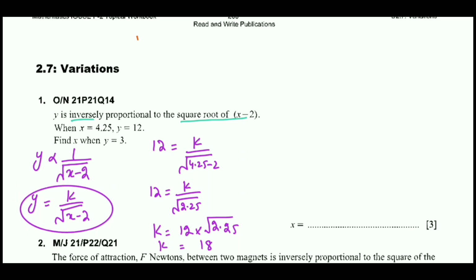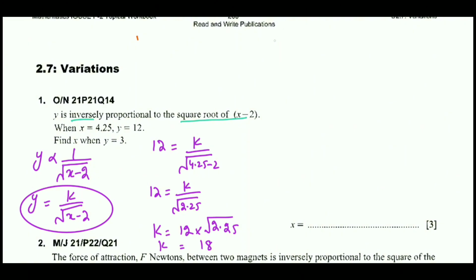Okay. So now we will put y is equal to 3 and k is equal to 18 in the same equation, like 3 is equal to 18 over the square root of x minus 2. We will start from the top because we can complete our question within this space.